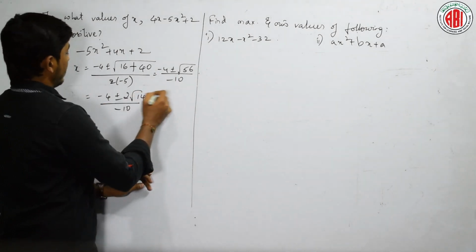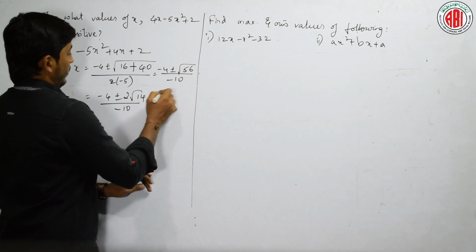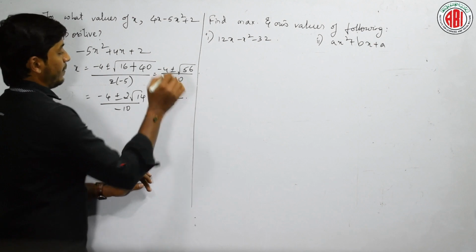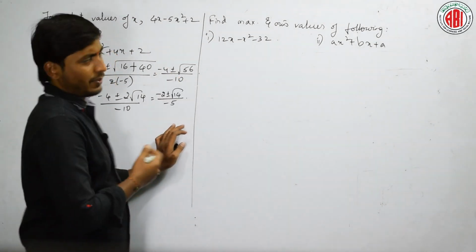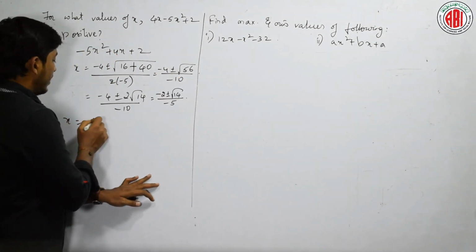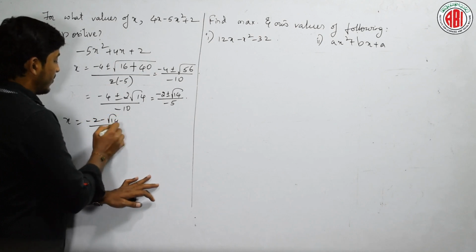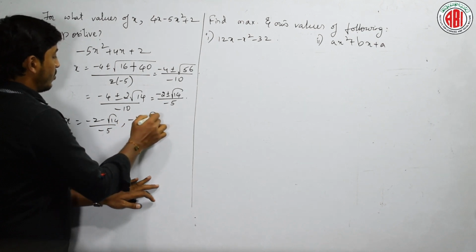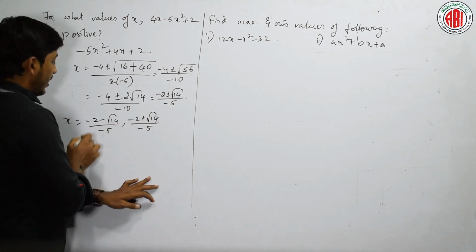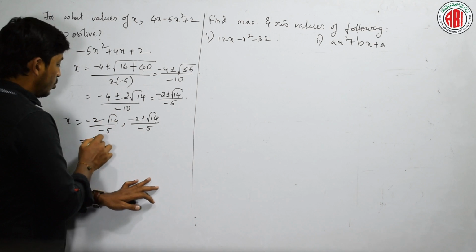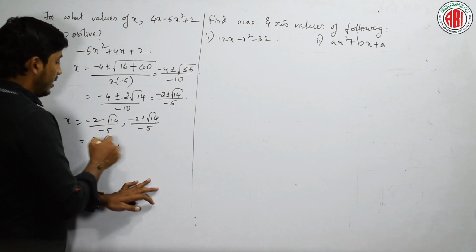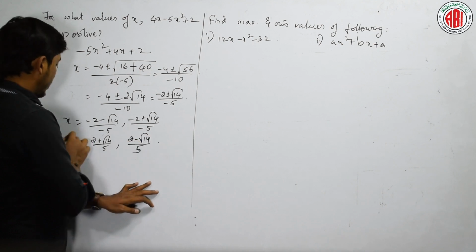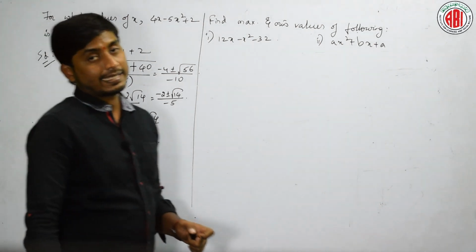So, this is minus 2 plus or minus root 14 by minus 5. Yes, so let us separate it. x is minus 2 minus root 14 by minus 5 and minus 2 plus root 14 by minus 5. If we take minus common, we will get 2 plus root 14 by 5 and here 2 minus root 14 by 5. So, these are the values of x.